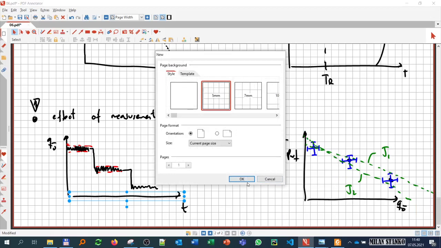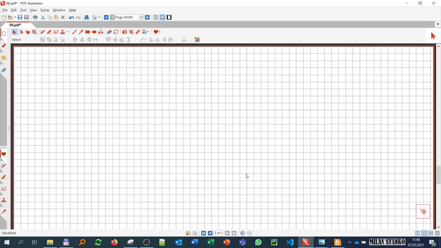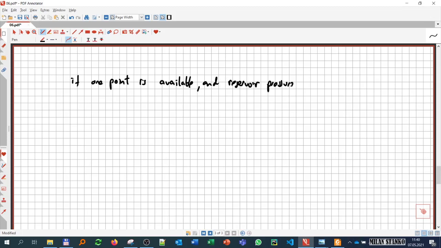And actually, one advantage is that we need just one point. If one point is available and reservoir pressure is known, let's say that we have measured this point PWF1, QO1.